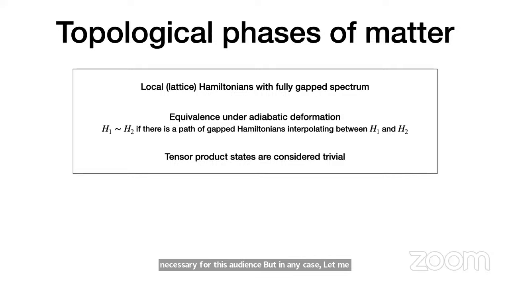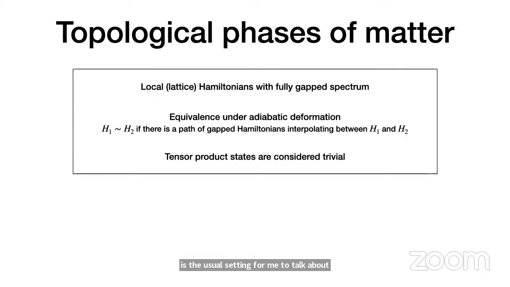We always have in the back of our mind some sort of Hamiltonian on a lattice with local interactions. This is the usual setting for talking about topological phases: you have a local Hamiltonian with a fully gapped spectrum.